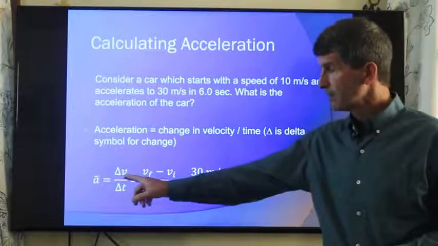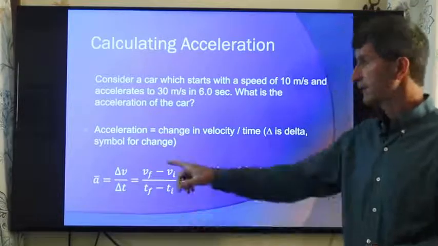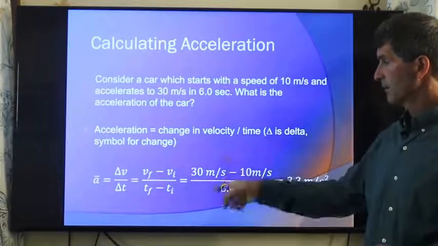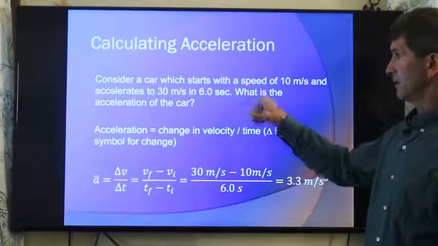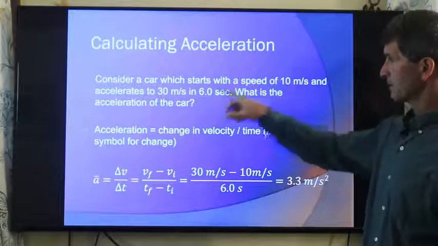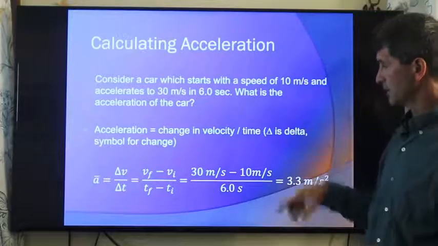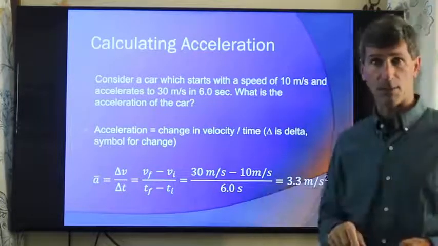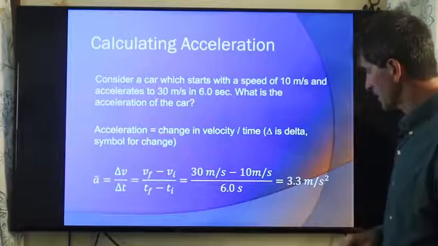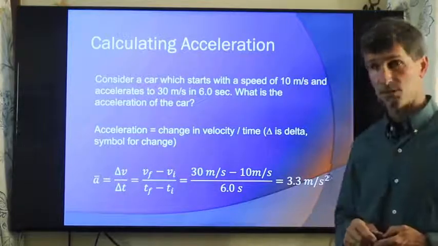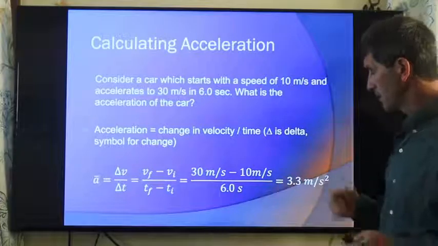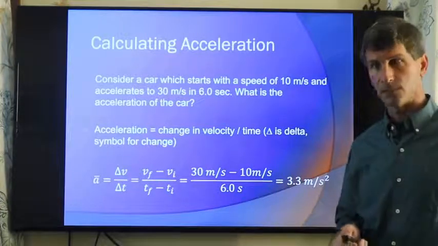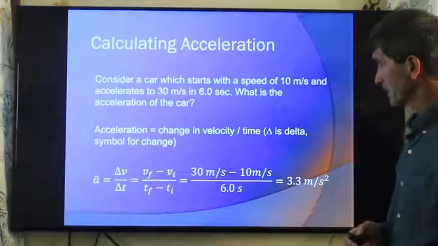So we take the change in velocity, Vf minus Vi, 30 meters per second minus 10 meters per second. A car starts with 10 meters per second and ends up with 30, so final minus initial, divided by the total time that this change takes place, 6 seconds. This is an acceleration of 20 divided by 6, 3.3 meters per second squared. Okay?